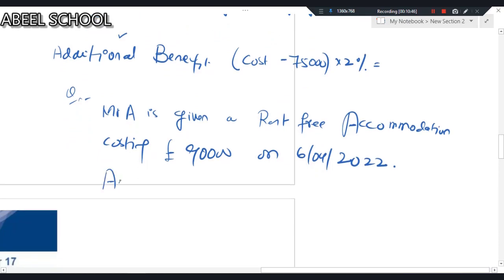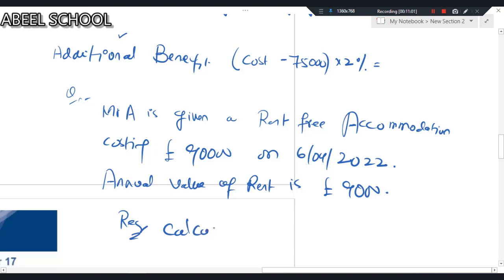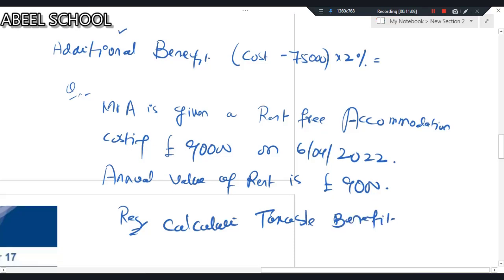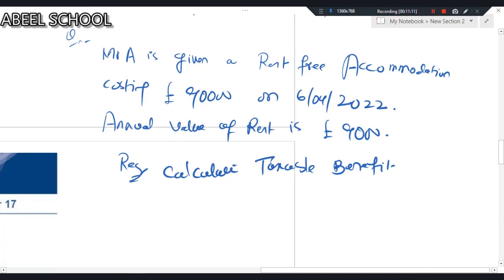Annual value of the rent is £9,000. The requirement is very simple. Calculate taxable benefit. You just need to calculate taxable benefit. That is requirement 1.